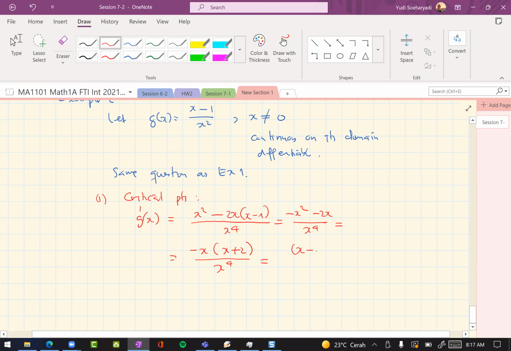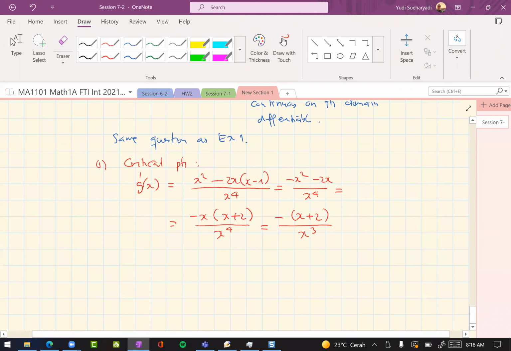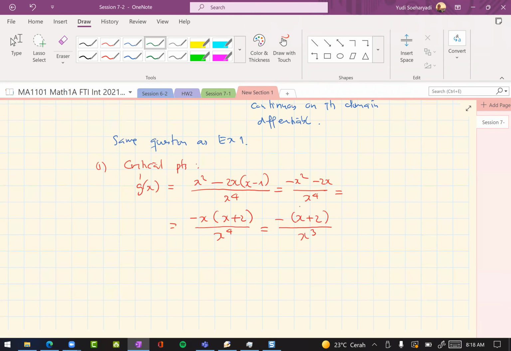Now, x minus 2, sorry. Okay, and so you see that this will determine what we call stationary. This determines the singular.